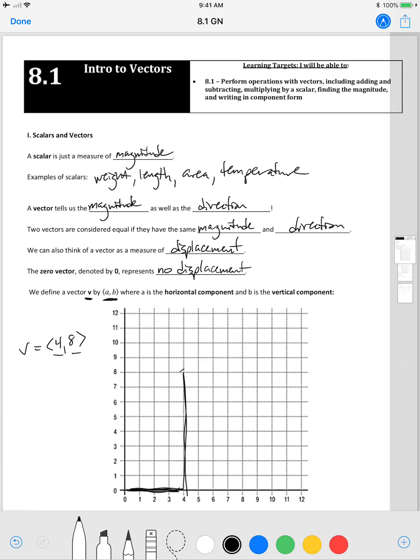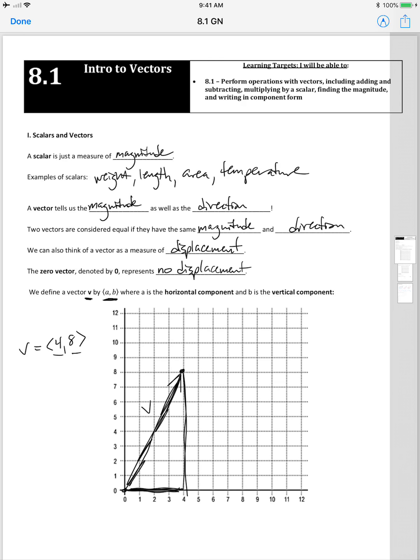From where I started to where I ended, that's the vector. That's my total displacement. This is V, with the arrow showing the direction. So this was 4, this was 8, this was A, my horizontal displacement, and this was B, my vertical displacement.